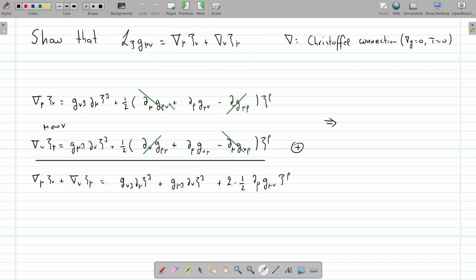Now there are many cancellations that occur here on the right hand side. You see that this term cancels this one, and this one cancels that one. So we are left only with this middle term, which is the same in both equations here. So we have twice 1/2 d rho g mu nu. And you see that this expression is nothing but the components of the Lie derivative of the metric with respect to xi in coordinate basis.